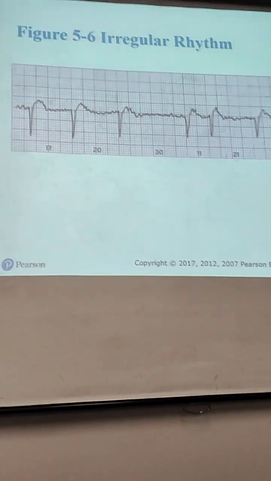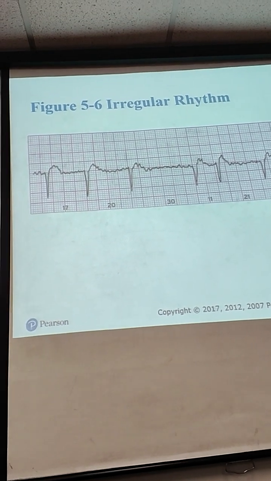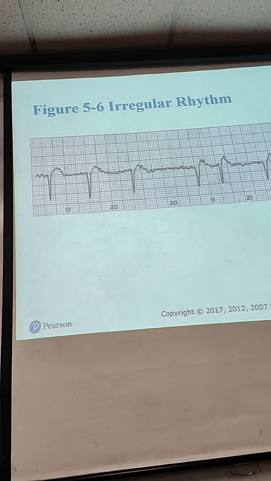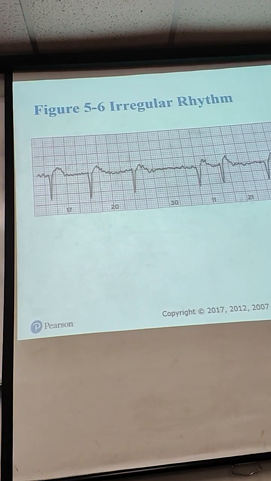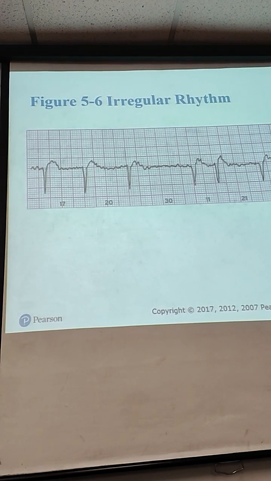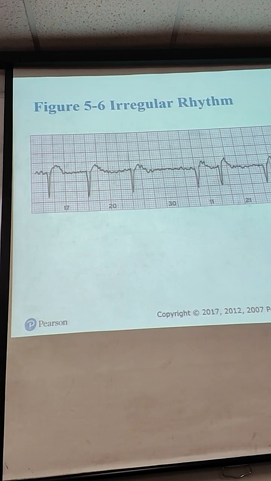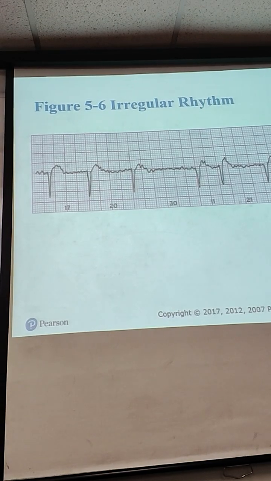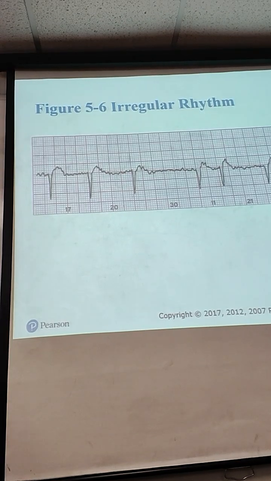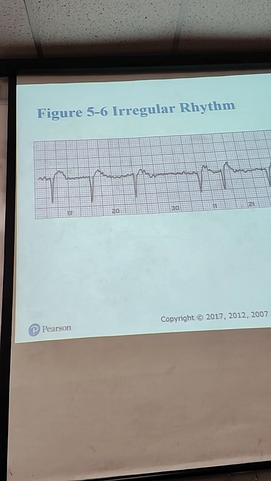Remember, when they ask you if it is regular or irregular, they will tell you that: is this heart rate regular or irregular? But if I said, what is the heart rate for this patient, now you have to give me numbers using the methods. Now you know that it's irregular, and in order for me to calculate the heart rate on this patient, I have to use the first method that we mentioned, which is the 6-second method.